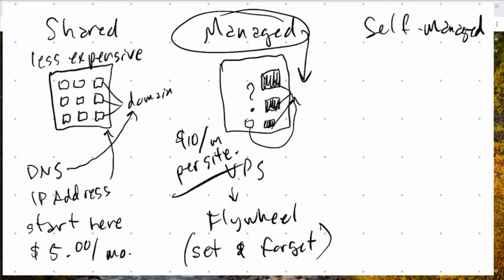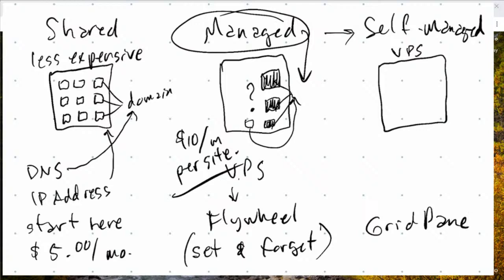As you start to get into multiple sites, eventually it makes sense to move to something like self-managed. It's a VPS system, something like GridPane, which I use for all my client and my own websites these days. You can get as many VPSs as you like, and my point is that you can have a VPS, a virtual private server managed by you, where you host all of your brochure sites.